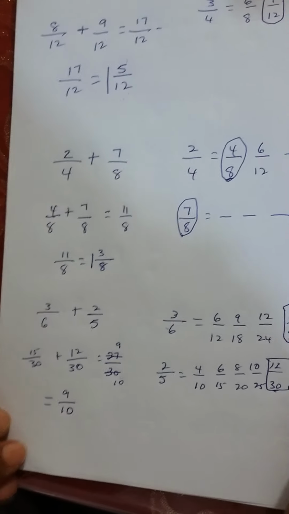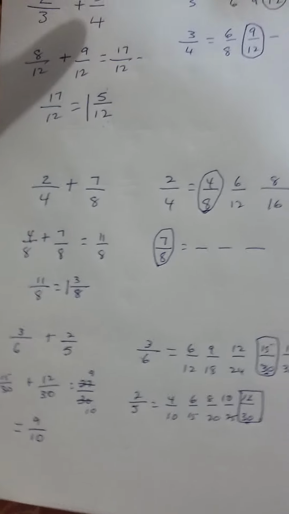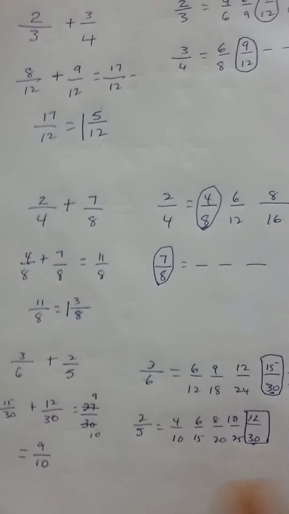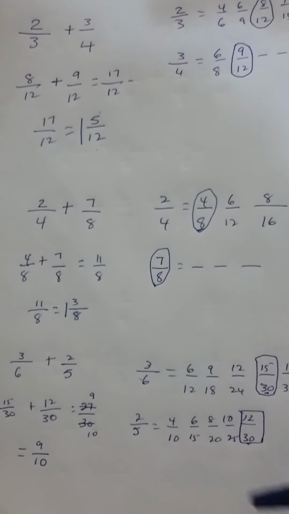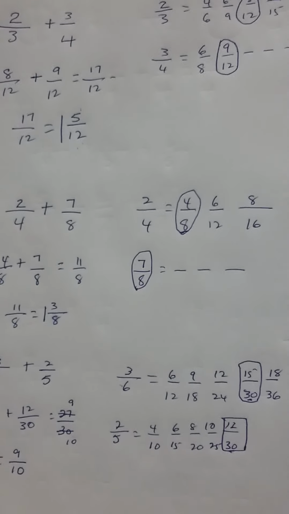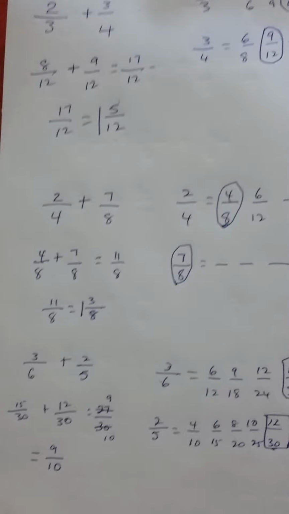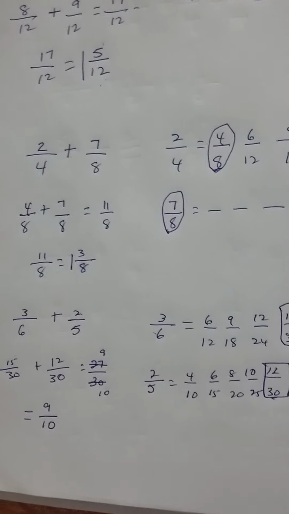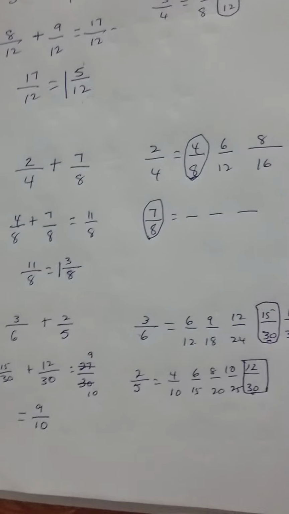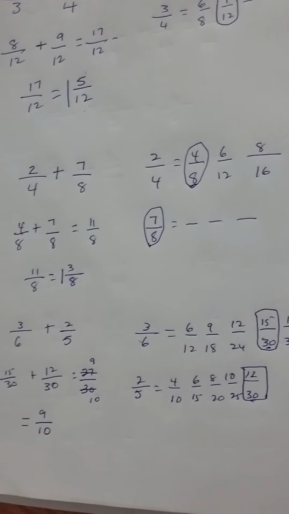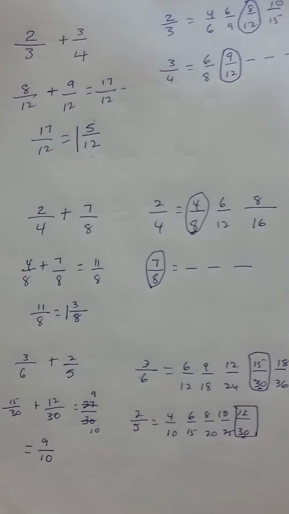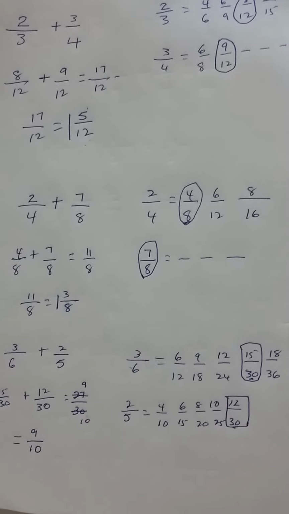Good? So, as I recap, remember, when you are adding or subtracting fractions, your denominator must be the same. If your denominators are not the same, you need to go and form equivalent fractions, change all to a common denominator, and then you add or subtract.